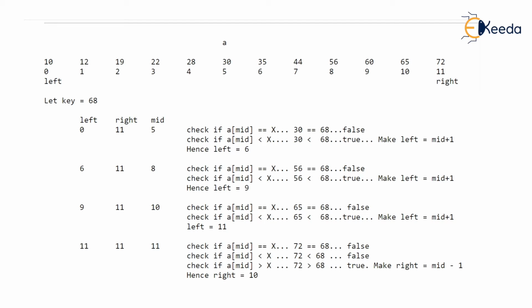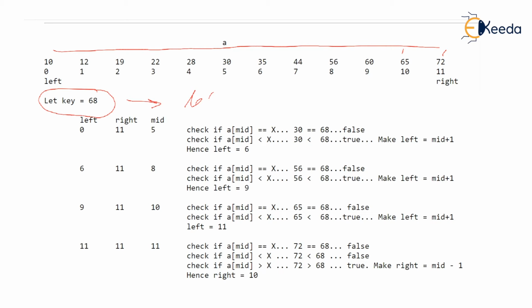Let's take an example. Here key is 68. Now you notice 68 is not present in the array. After 65, we have got 72. 68 is absent. Now, if the key is absent, then there will be a stage reached when left will become greater than right.